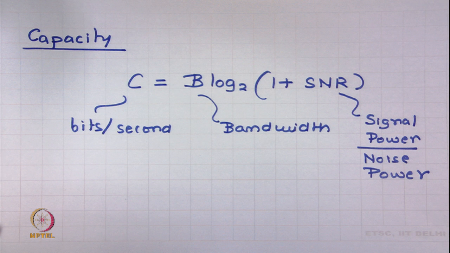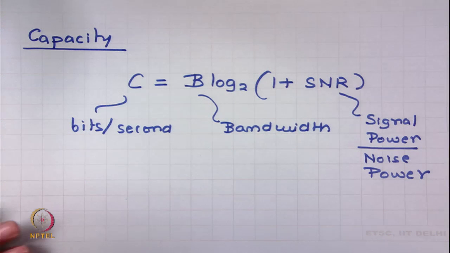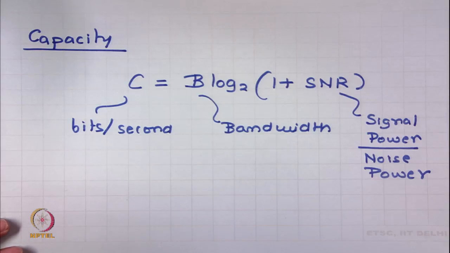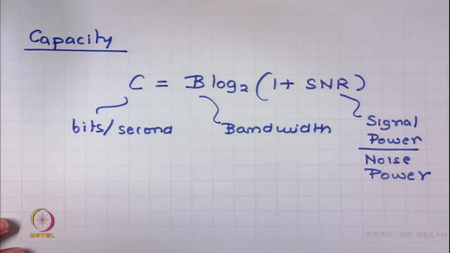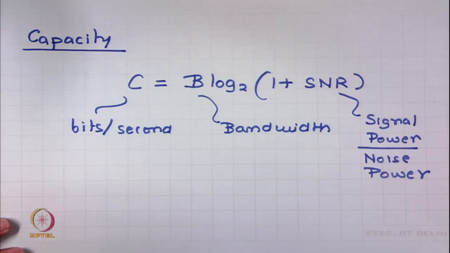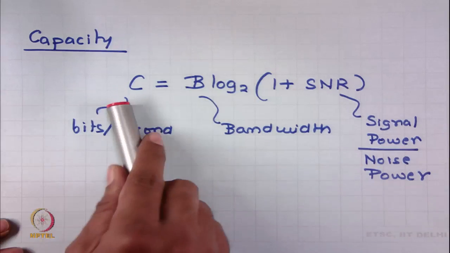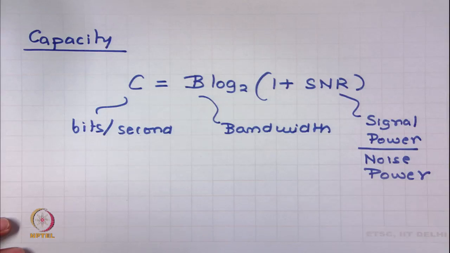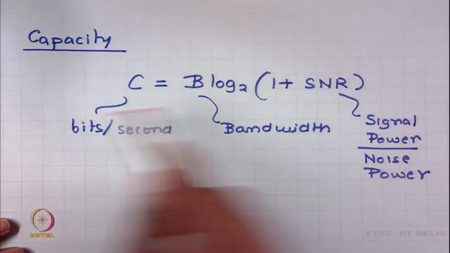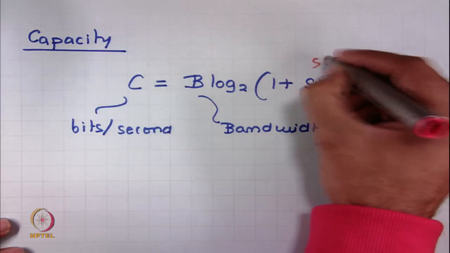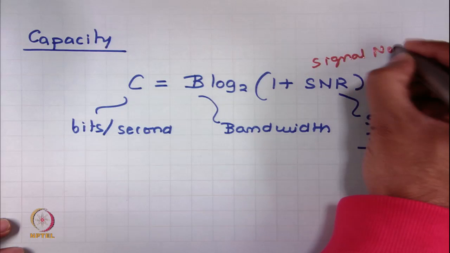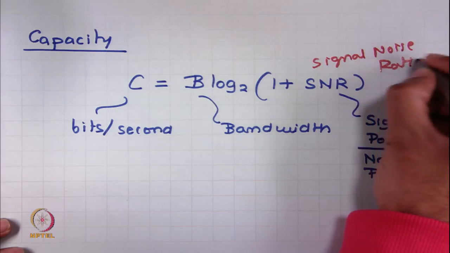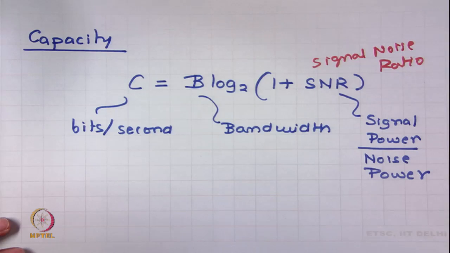Lastly, we have to look at the capacity, which illustrates why this bandwidth is so important. If you look at the capacity of a communication system, which is in bits per second, how fast your internet can be depends upon this factor. This capacity is proportional to B log 2 of 1 plus SNR, where B is the bandwidth of the communication system, and SNR represents signal to noise ratio, which is signal power divided by noise power.